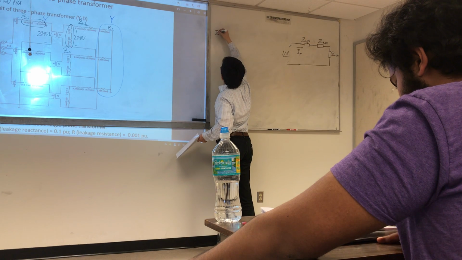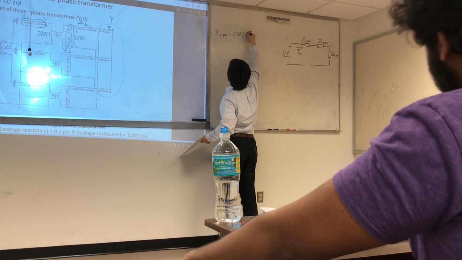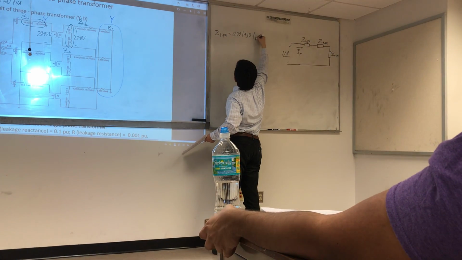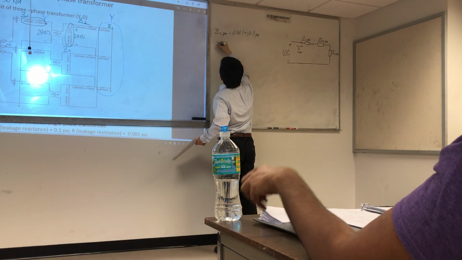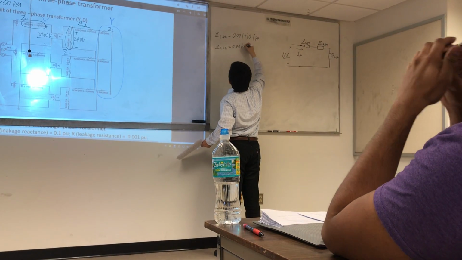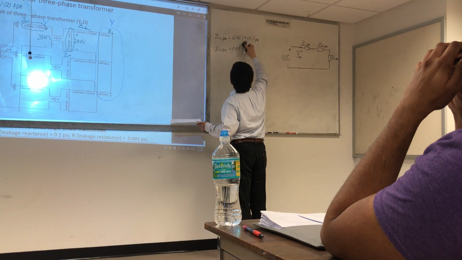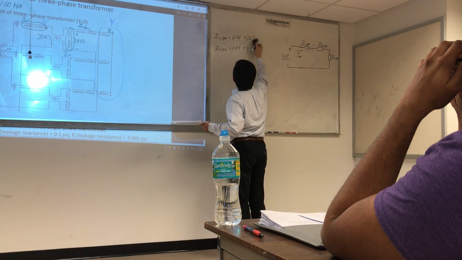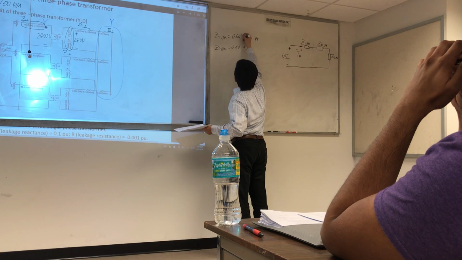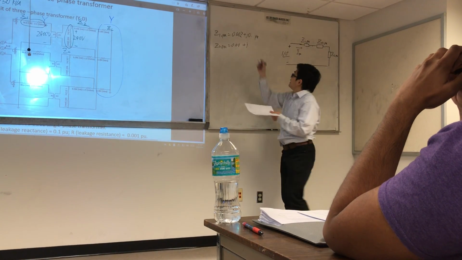What's your Z1 per unit? Z1 per unit is 0.001 plus j0.1 per unit. And Z2 is the same. Well, let me change some values. If I use this value, you can find the homework answer directly.